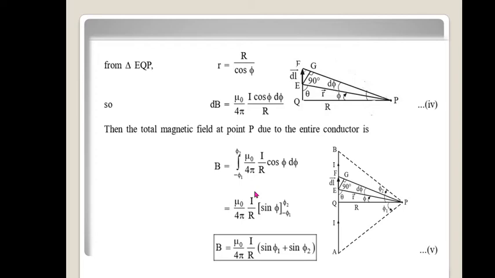Now I'll consider the entire conductor, and I need to find the magnetic field, so instead of dB I can write B, because I need the total magnetic field.